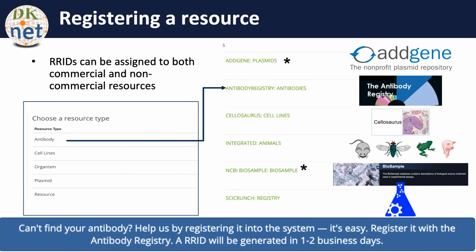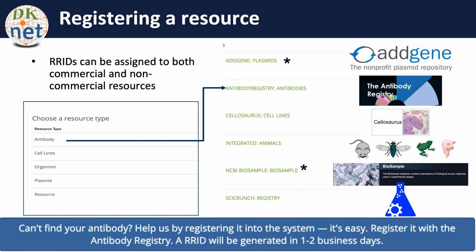Sometimes you may have a resource that's actually not registered somewhere yet. So for example, if it's a cell line that has been developed by your lab, one of the things that we will encourage you to do, if you're looking for resource reports or using some of the other tools, is to register your cell line with Cellosaurus or your antibody with the Antibody Registry.